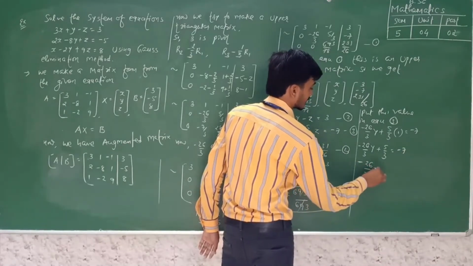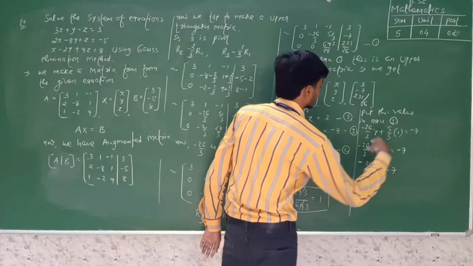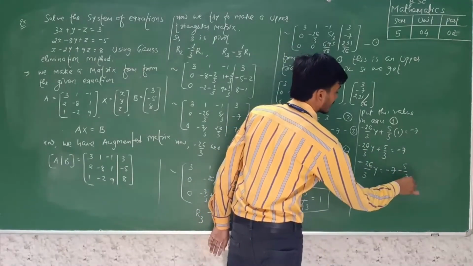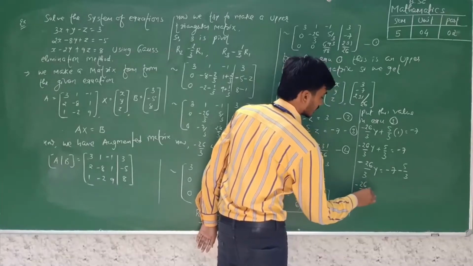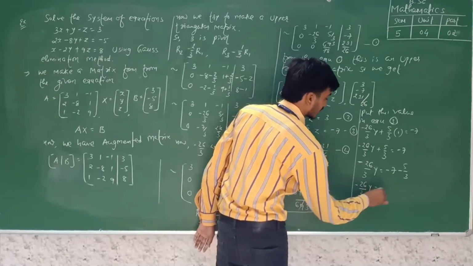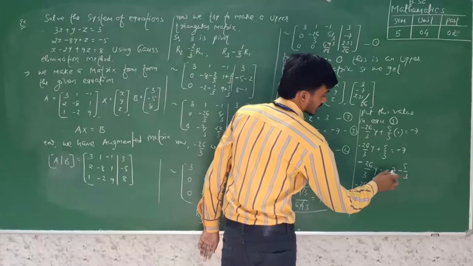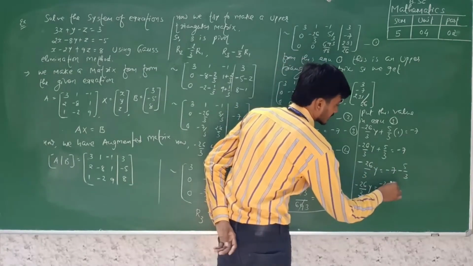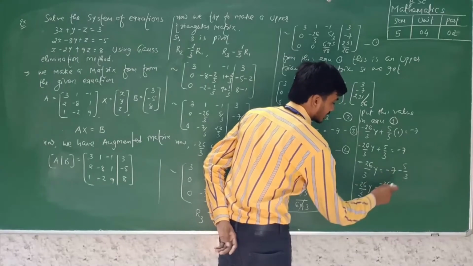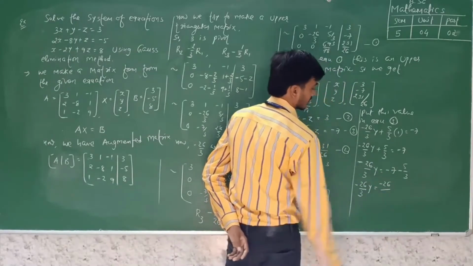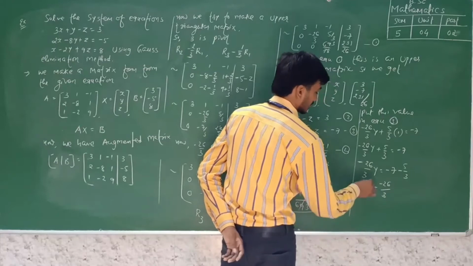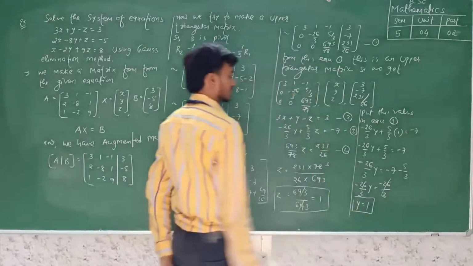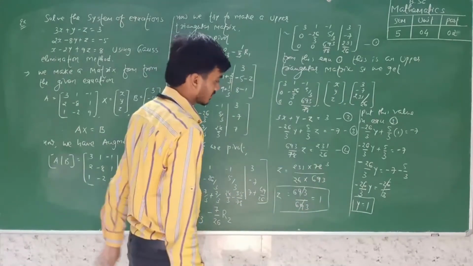Taking these terms to the right hand side: minus 26 by 3 into y is equal to minus 7 minus 5 upon 3, that means minus 21 minus 5, minus 26 by 3. The 26 by 3 cancel. So y is equal to 1, and z is equal to 1.